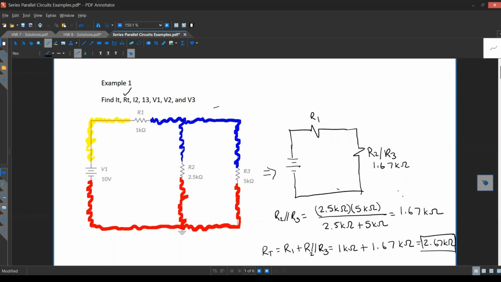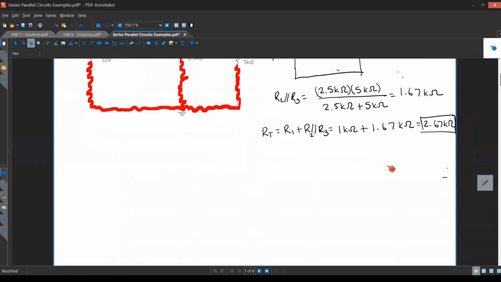And so what else can we find? I total. Now come over here and start writing. I total is always equal to your V total, or your source voltage, divided by your R total. Do we know our source voltage?